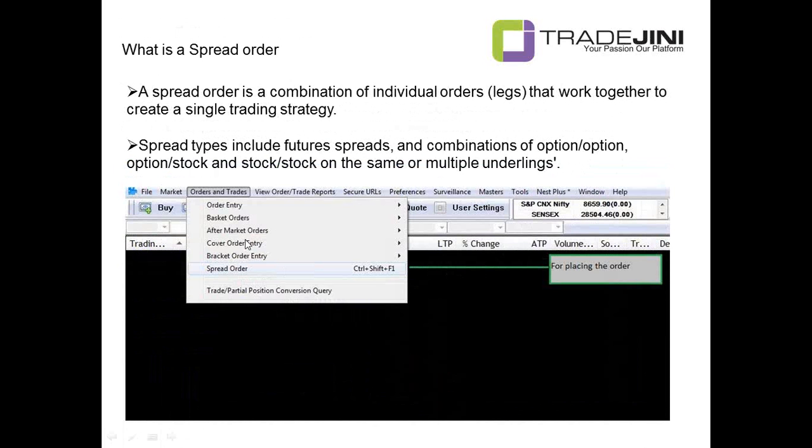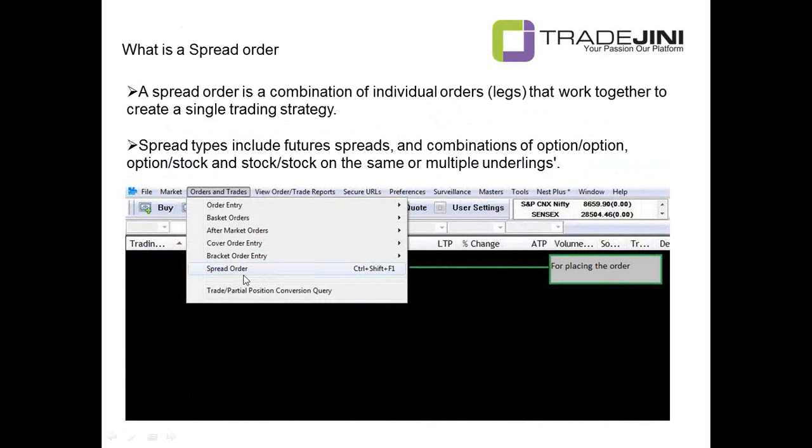So a spread order is a combination of individual orders, legs that work together, creating a single strategy. Spread types include future spreads, combinations of options and stocks, on the same or multiple underlyings. So how do we place a spread order?